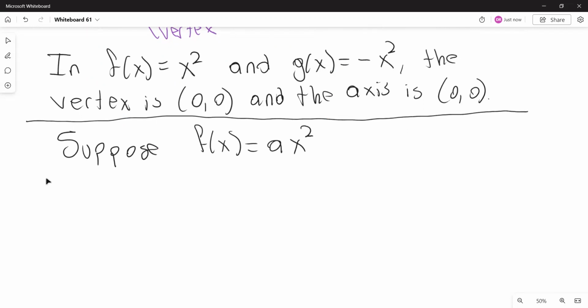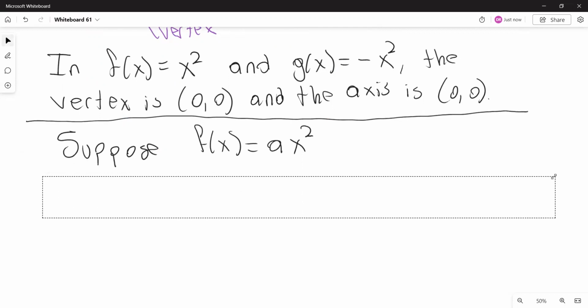So if a is positive, the graph is going to vertically stretch or shrink, but it's not going to reflect. So the parabola opens upward.